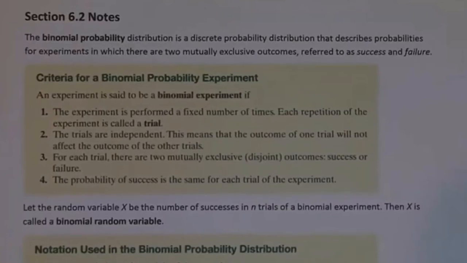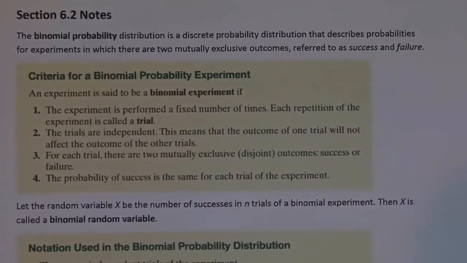In section 6.2, we're going to be looking at a specific type of discrete probability distribution called the binomial probability distribution. So the first thing we need to do is define a binomial probability distribution.